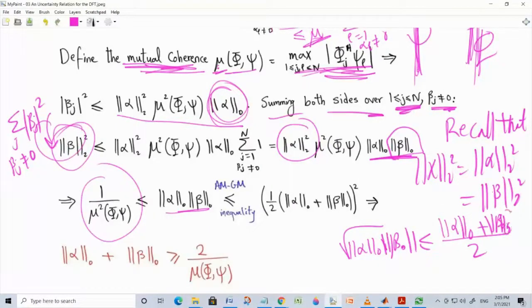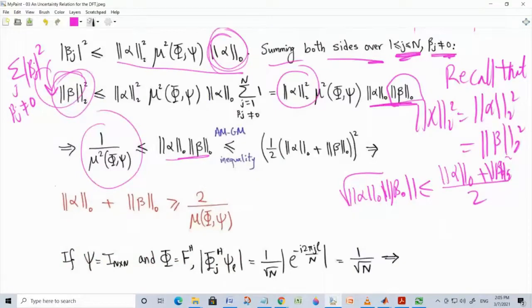Okay, and then we take the square root, and so we get this very nice inequality. So, what does this inequality say? It tells you, suppose that you have a vector x. It has a certain representation using matrix psi and another representation using matrix phi.